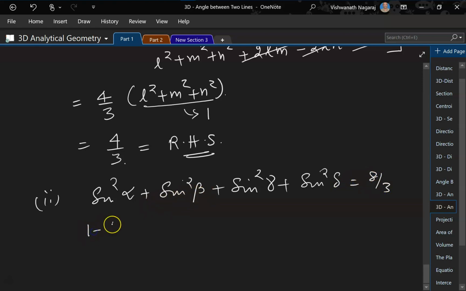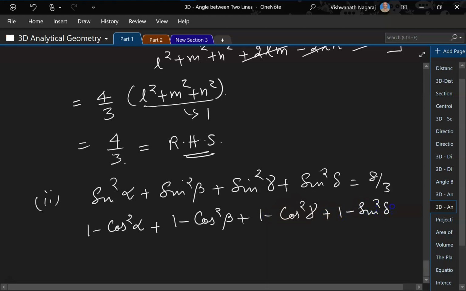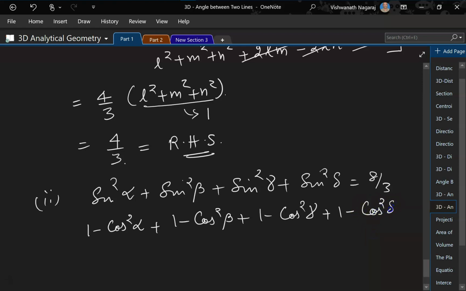What do we get? 1 minus cos square alpha plus 1 minus cos square beta plus 1 minus cos square gamma plus 1 minus cos square delta. This is our LHS.